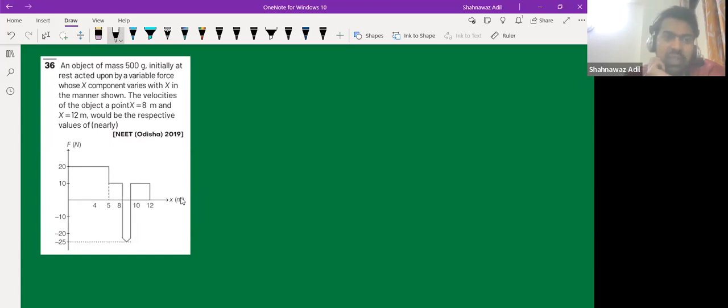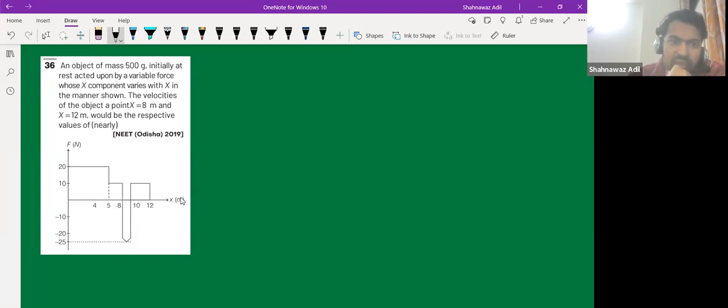So what can we calculate? In the force and x graph, what can we calculate? No, I'm saying that in a force and distance graph, what can you guys calculate from that graph? Area.